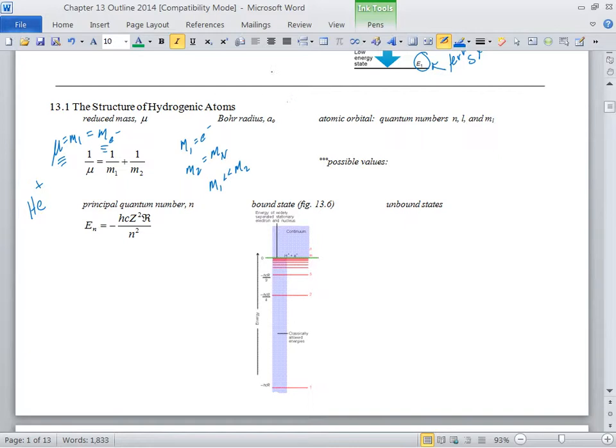Bohr's model of an atom was this. You had the nucleus, and we can be in this orbit, or we could be in this orbit, or we could be in this orbit.